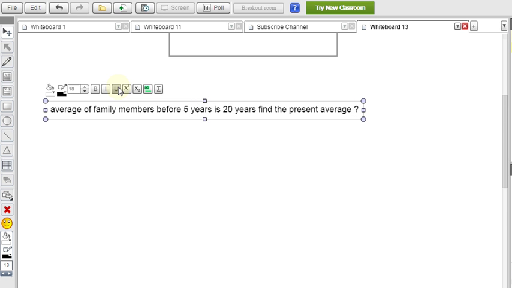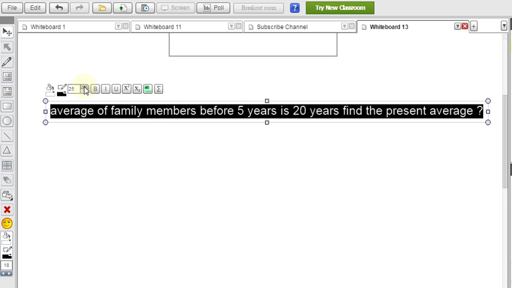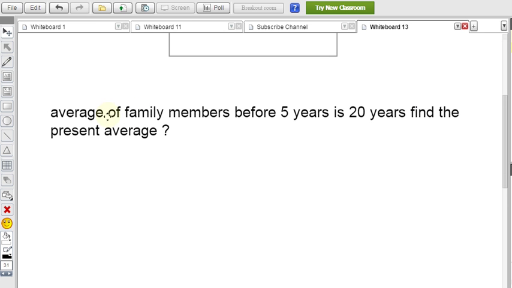So like the previous content, you can increase the average similarly. See, the average of the family members 5 years before, before 5 years it is 20. Now find the average of the present. So before and present. Before, the average is 20.